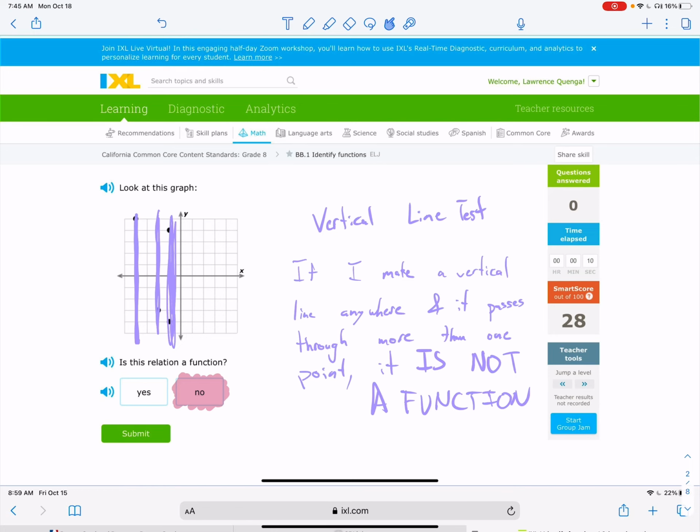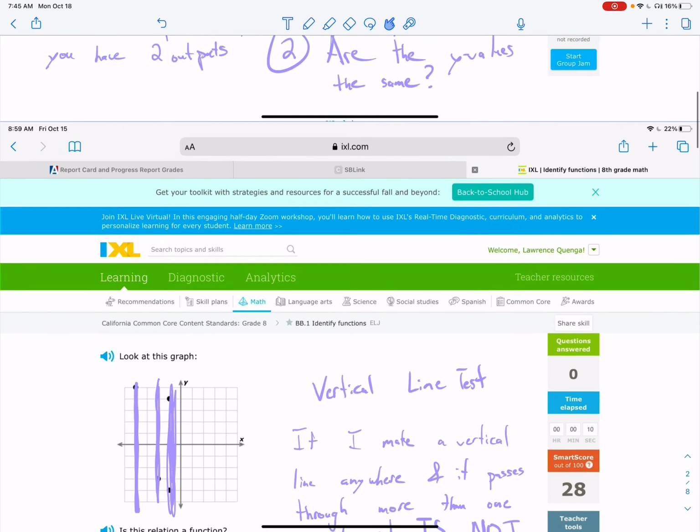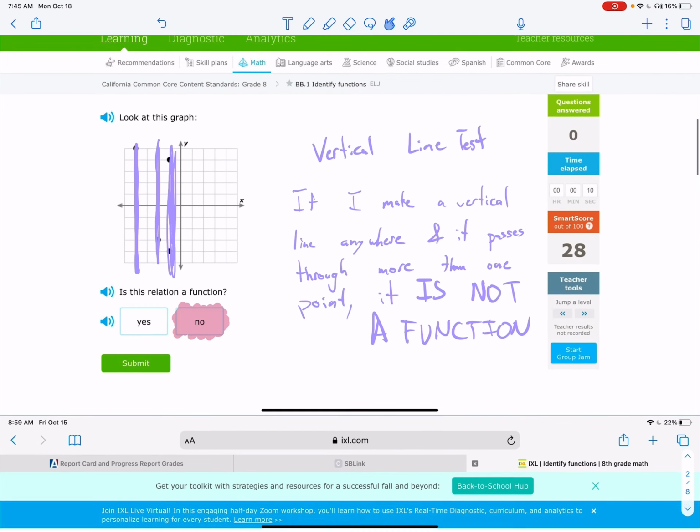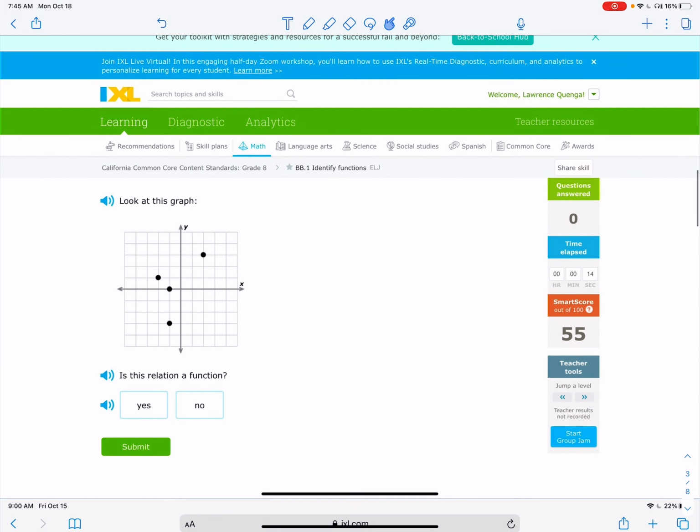So we've kind of gotten the definition here for when we have ordered pairs and when we have vertical lines. So let's just go for it on some of these.